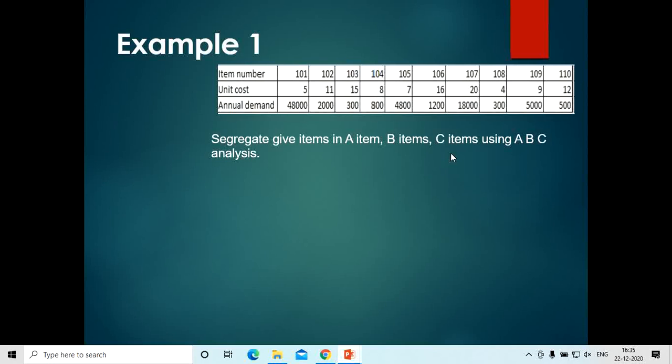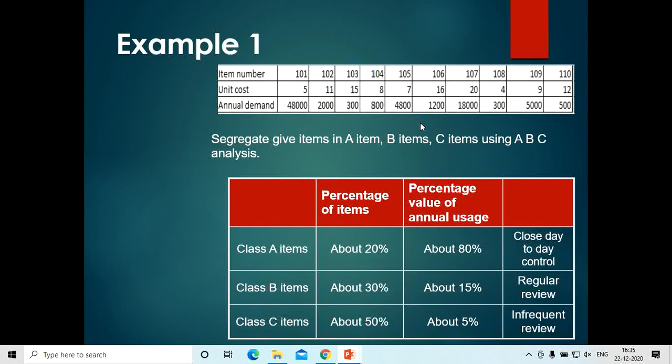We know that there are certain steps involved. We have discussed that. Let us go one by one. Before that, we have to remember that A items are classified based on the annual usage value or amount of money. It is 80% of the money that is required, and B items are going to require 50% of the overall cost of the project.